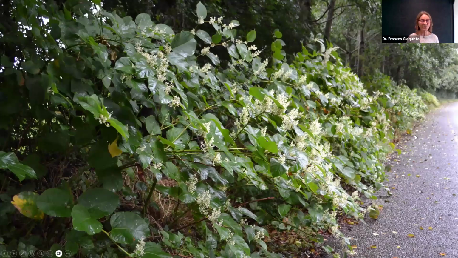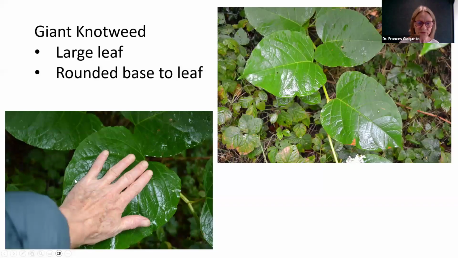Here's another example, and you could be really excused for not recognizing this as a knotweed. But you can just see these canes. They have the red nodes along their length, and you've got these large leaves. Whereas with Japanese knotweed, the leaves are generally about the size of an adult human hand, here this leaf is much larger, and it has a rounded base.